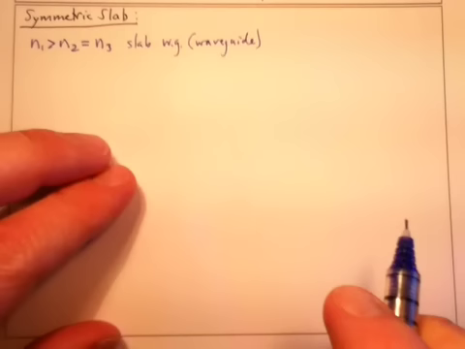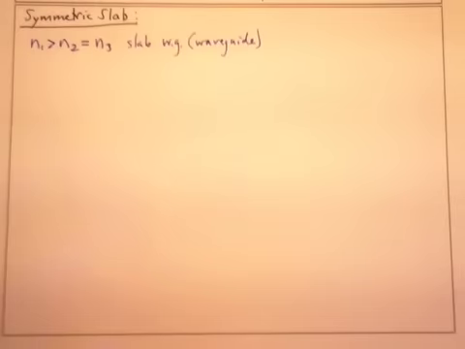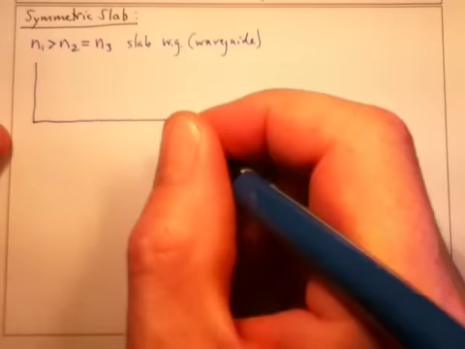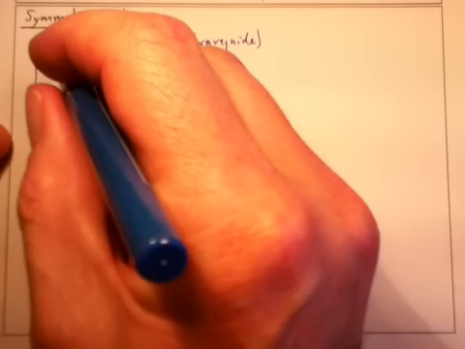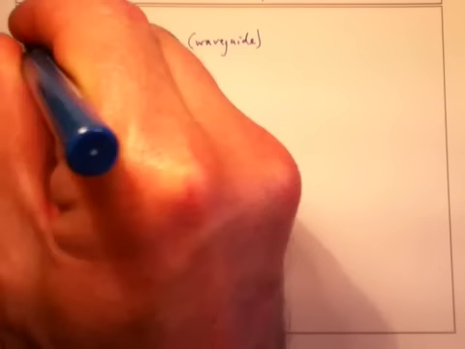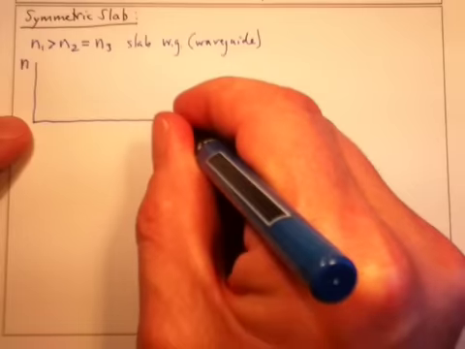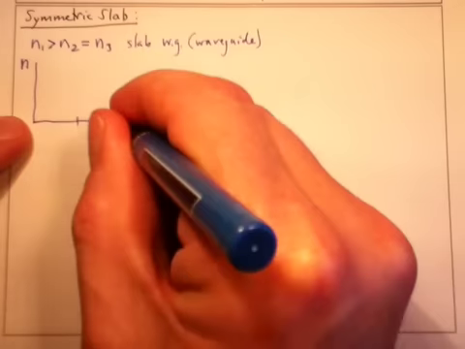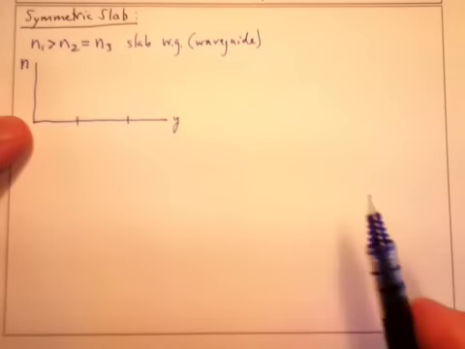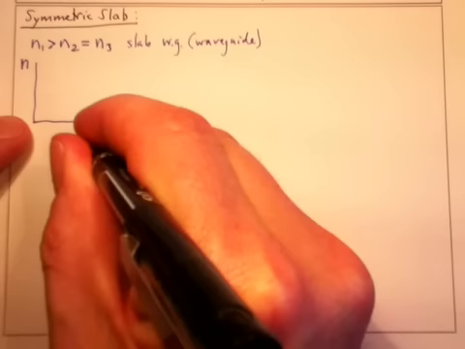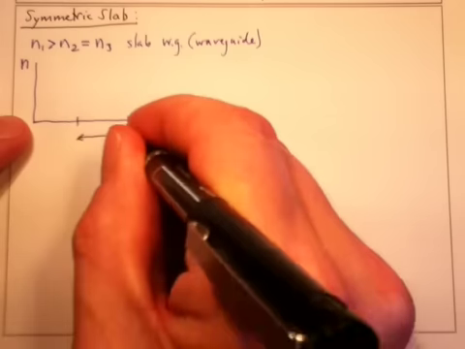Okay, and what I'll do first is plot the refractive index as a function of the lateral position in the waveguide. Let's call that the y-axis, and I'll label this distance here as the thickness of the slab.